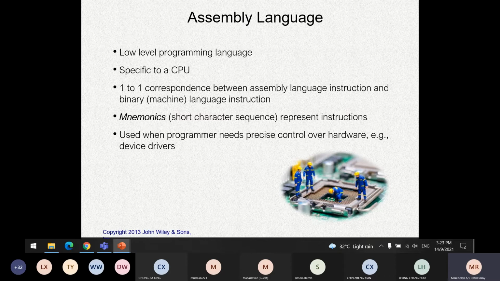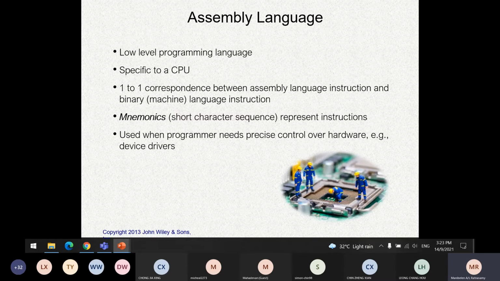Today we have very high level languages, 4GL, 5GL, where it has to be converted using an assembler or a compiler in order for the machine to understand, and it has to go through many layers or levels of conversion before it can get converted into machine language. But from low-level assembly language to machine language is just like one layer.